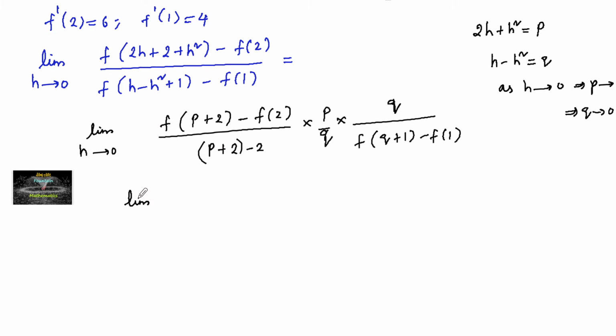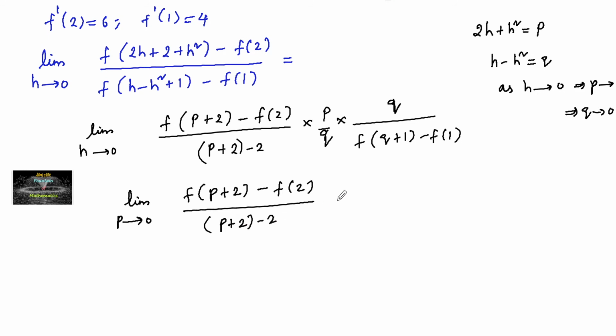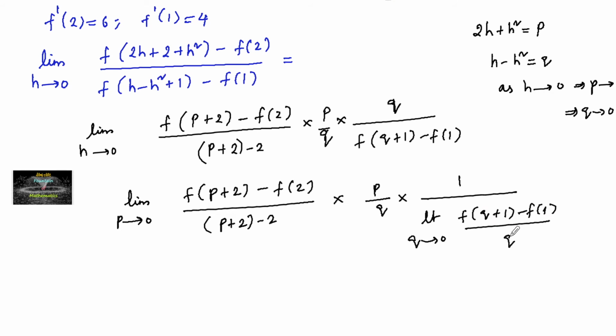Let me write here: limit p tends to 0 of [f(p + 2) - f(2)] divided by [(p + 2) - 2], into p upon q, into 1 upon limit q tends to 0 of [f(q + 1) - f(1)] divided by q.